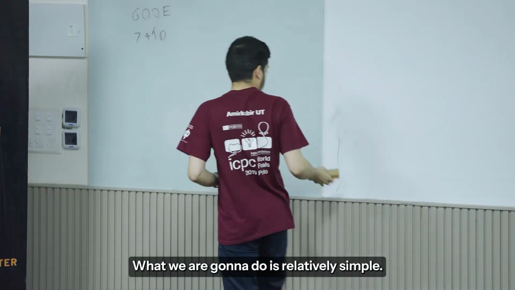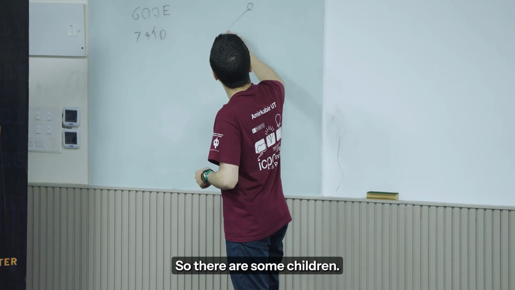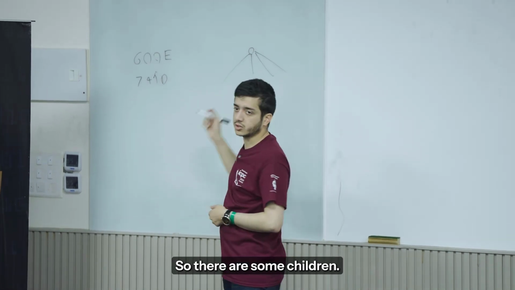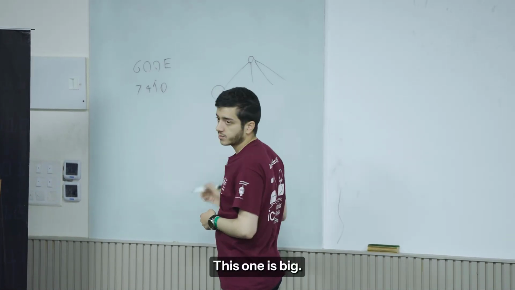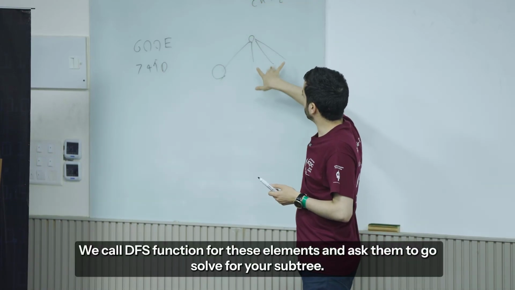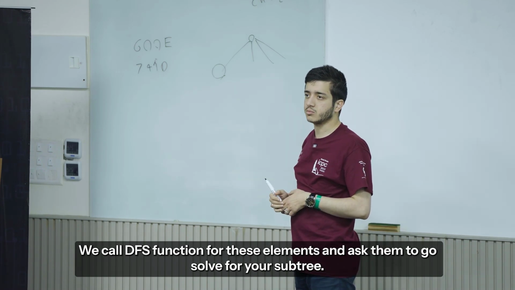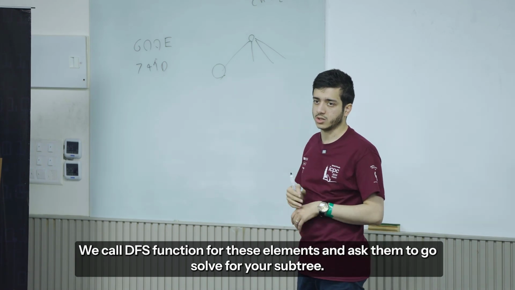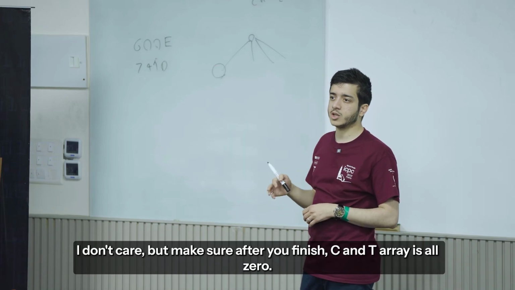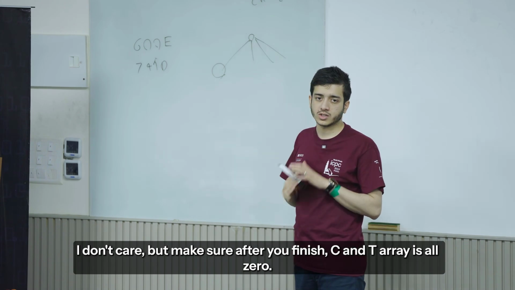What we are going to do is relatively simple. So there are some children. This one is big. We keep a global array CNT. We call the DFS function for these elements and ask them to go solve for their subtree. I don't care. But make sure after you finish, the CNT array is all 0.